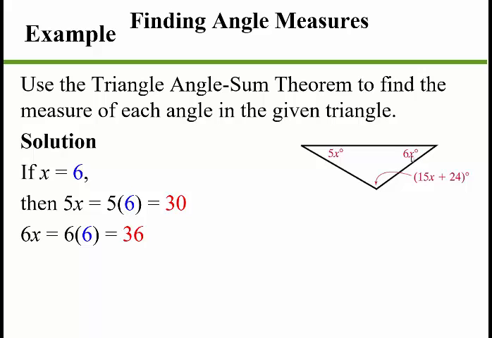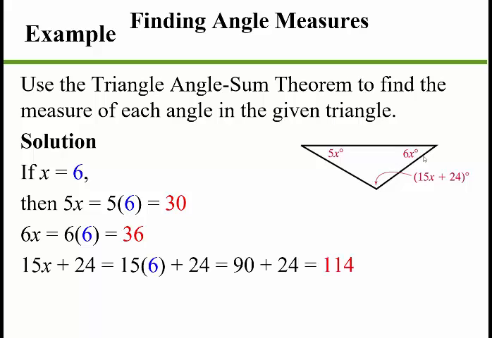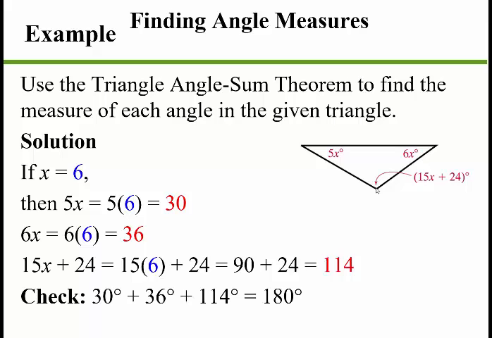If I plug 6 into here, 6 times 6 is 36 degrees. And then if I plug 6 into here, 15 times 6 is 90 plus 24. This becomes an obtuse angle, or 114 degrees. All right, so if you check, we see very easily that these sum up to 180 degrees, and we're all set.